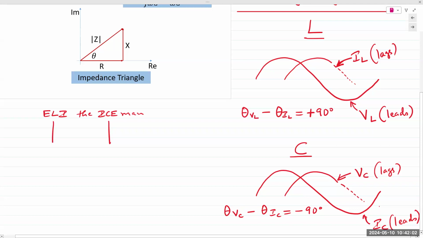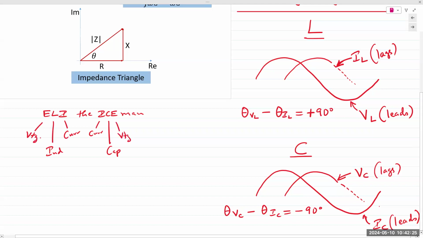What do L and C stand for? Inductor and capacitor. I, of course, is for current. Take a wild guess what E stands for. It's voltage, EMF, electromotive force.